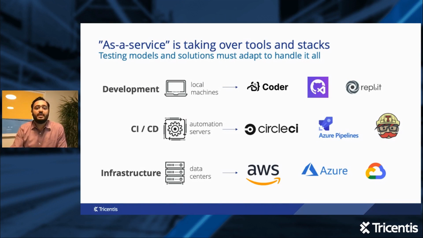While many enterprises today are still managing their own Jenkins servers, managed CI/CD and automation solutions like CircleCI and Azure DevOps. When I say DevOps, I mean Azure DevOps pipelines, which are growing in popularity across the board. And more recently, there's been a push from vendors like GitHub and Coder to provide IDEs as a managed service in the cloud, replacing all those local machines that we used to use in the past.